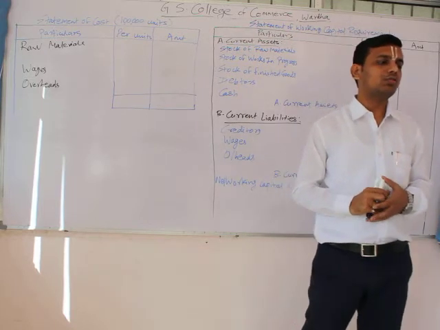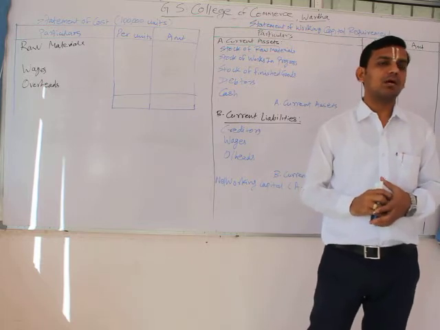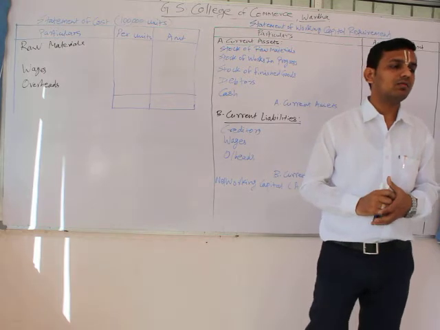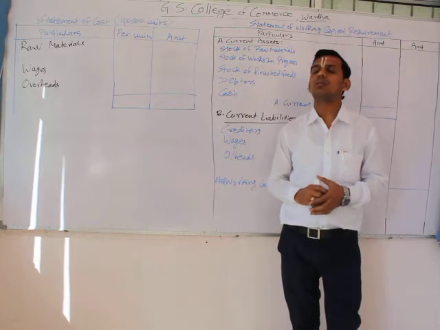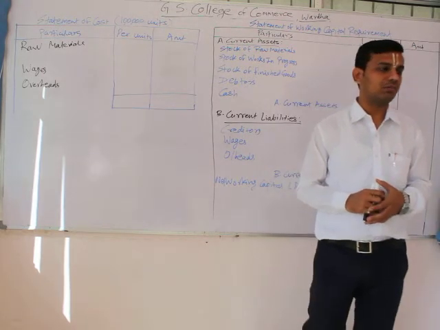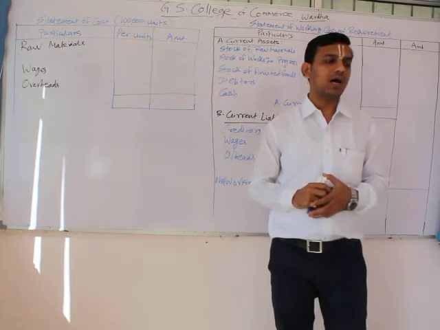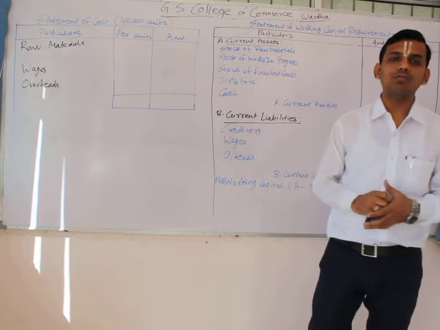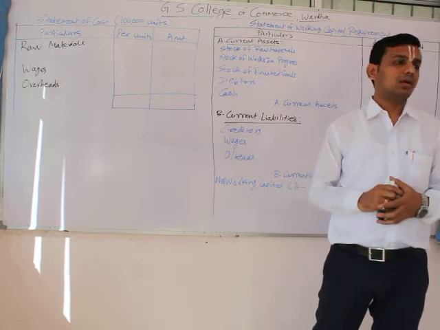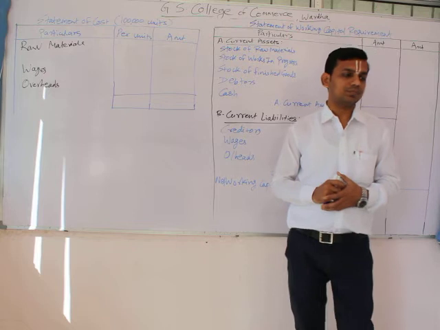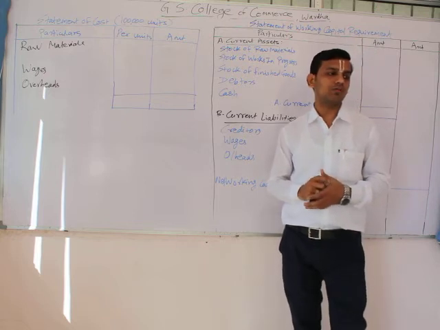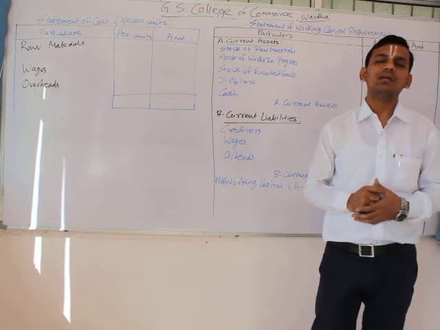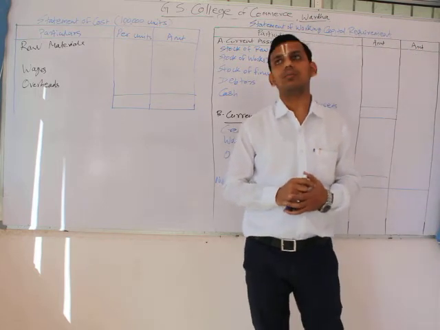Raw material is in stock for a period of 1 month, whereas material is in process for half a month, and finished goods are in stock for 2 months. Creditors have allowed a period of 1 month, whereas debtors have been given 2 months for their payment, and we are being asked to calculate the working capital requirement of the company.